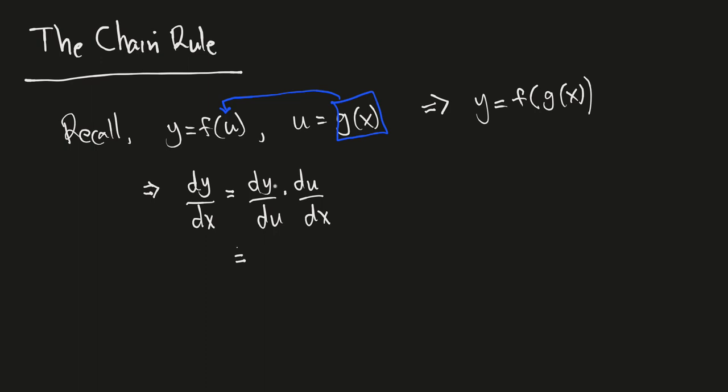Well, if I switch this over to the prime notation, it would read y prime of u. Again, it's like taking this equation and just writing y prime of u, and then the same thing right here. It would be u prime of x, right?